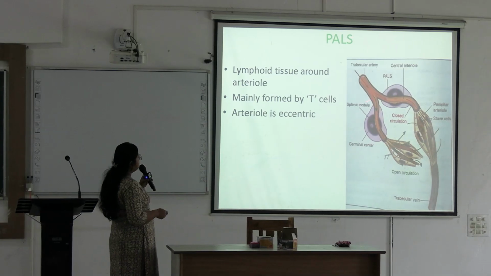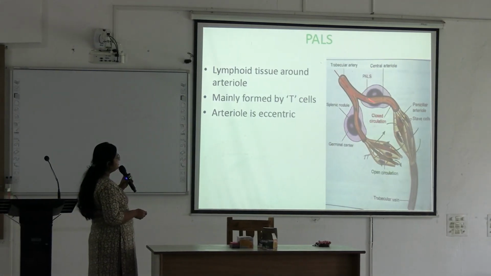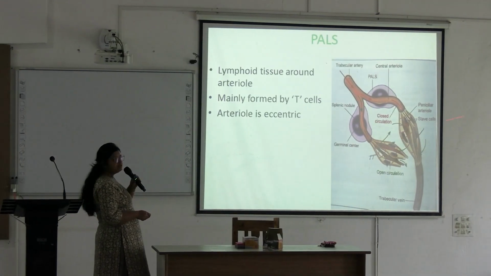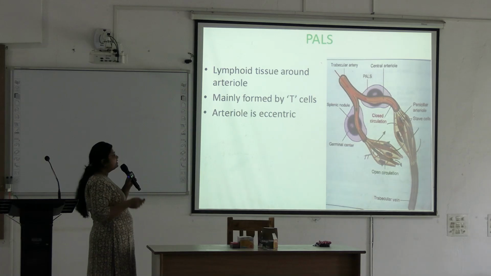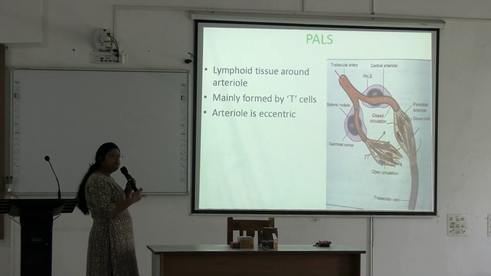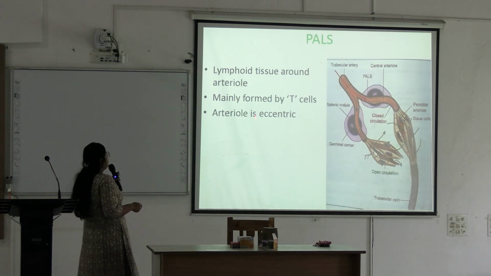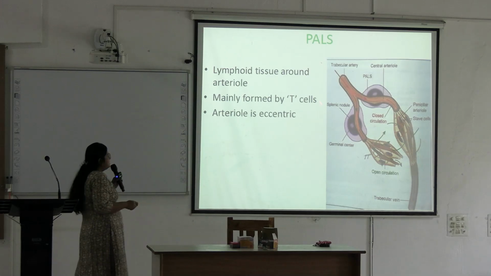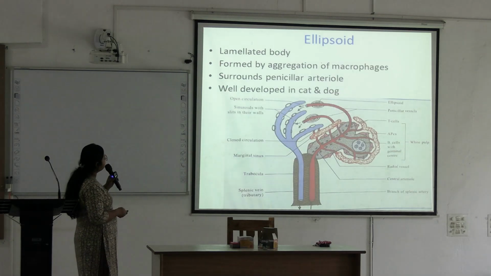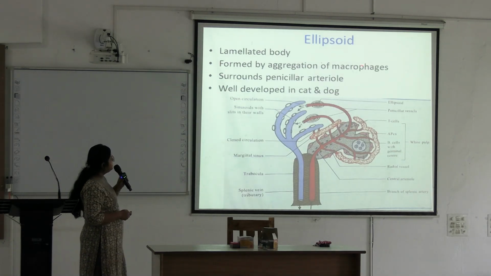So the periarteriolar lymphatic sheath in this area is formed around the penicillar arteries, and the penicillar arteries form the central arteriole for the periarteriolar lymphatic sheath. So the lymphoid tissue around the arteriole is mainly formed by T cells, and the arteriole is in an eccentric position. What is ellipsoid?